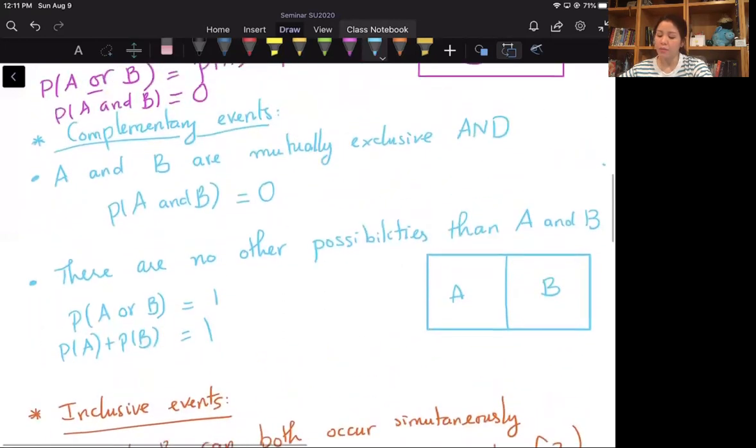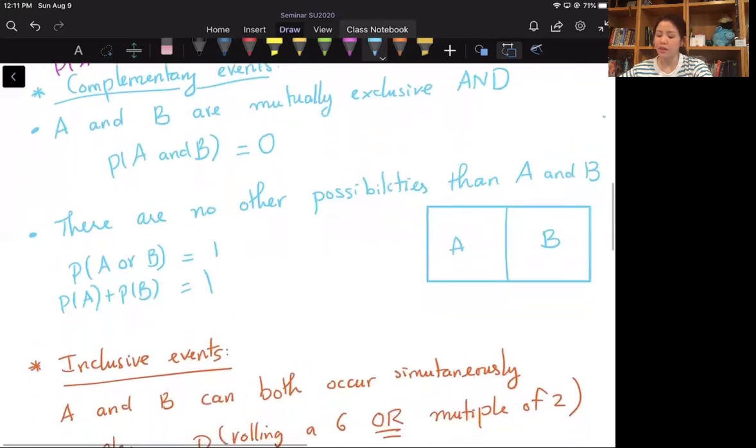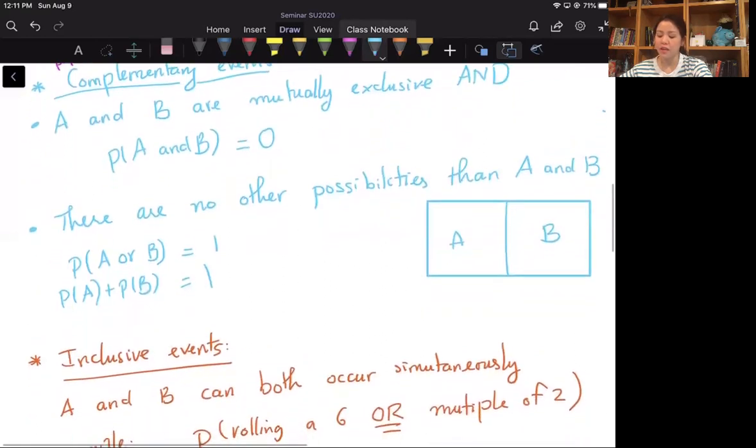And for the complementary events, sometimes they denote P of B as P of A complement because there are only two events, right? Either you are event A or you're not event A. So I can replace P of B with P of A complement.